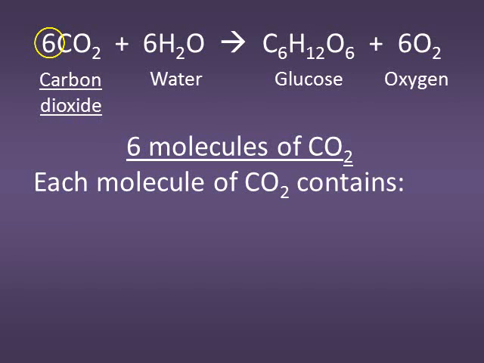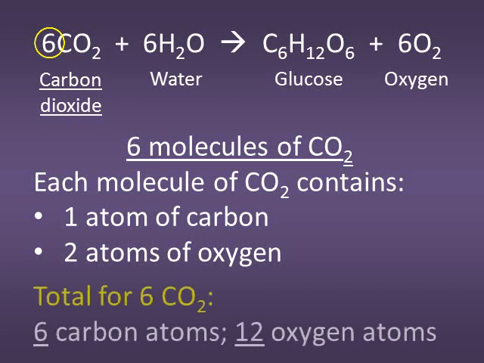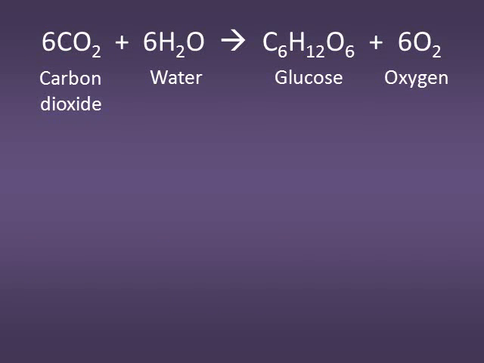So if we want to start counting the number and types of atoms, we would look at each molecule individually. A single molecule of CO2 contains 1 atom of carbon and 2 atoms of oxygen. So if we have 6 of these molecules of carbon dioxide, then we have 6 carbon atoms and 12 oxygen atoms. Okay, let's do the same for water.